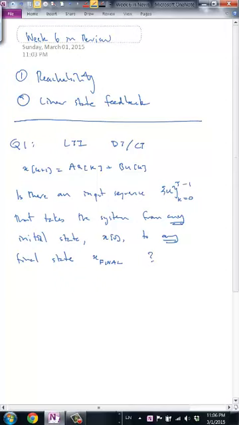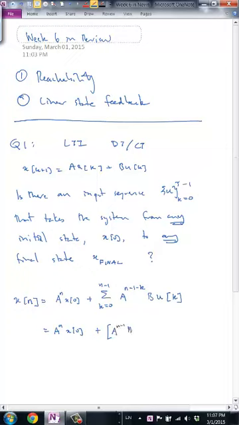And we answer this question by basically unwrapping the recursion and finding that x at time n is equal to A to the n times x of 0 plus the sum from k equals 0 to n minus 1 of A to the n minus 1 minus k, B u of k, which we can also write as A to the n x of 0 plus this matrix, A to the n minus 1 B, and so on.